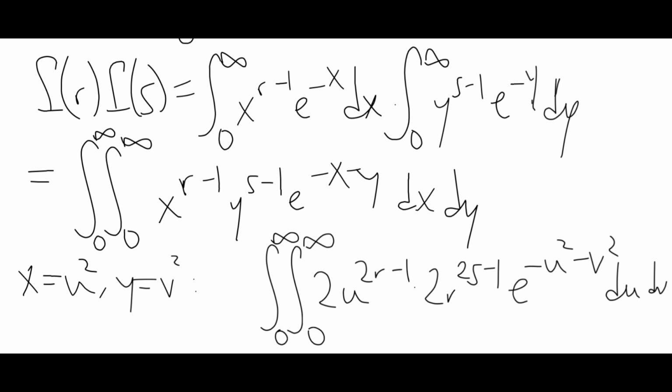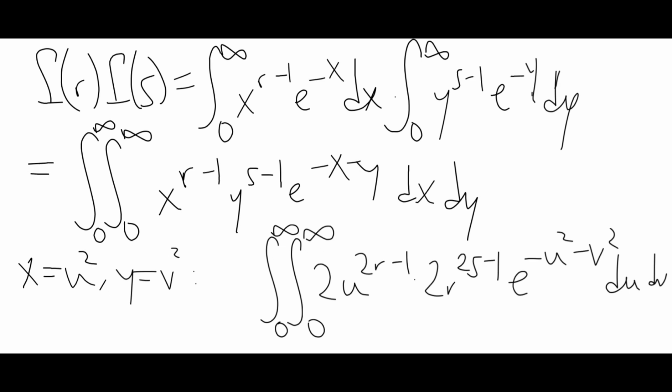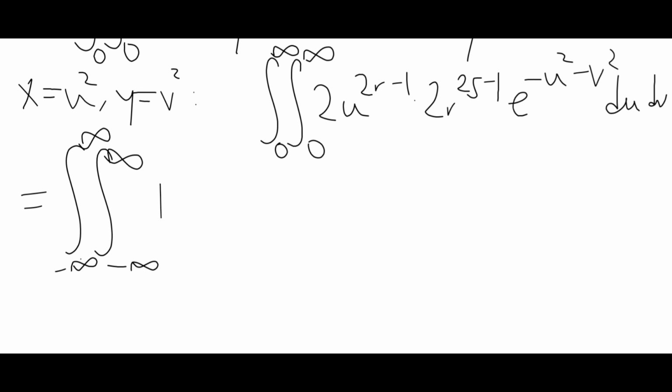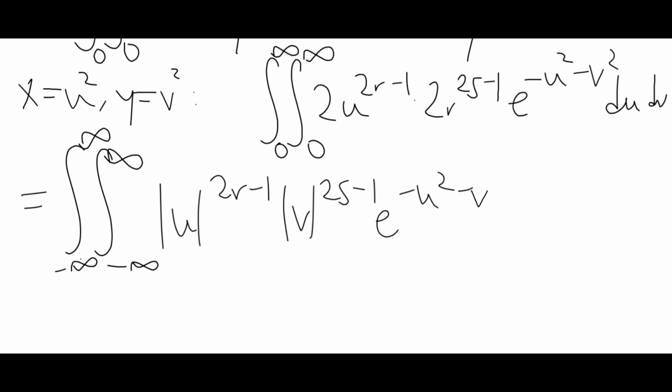Okay, and this factor of 4 allows us to change the region of integration from the first quadrant to the whole plane. So we can write this as the integral from negative infinity to infinity, negative infinity to infinity, of absolute value of u to the 2r minus 1, absolute value of v to the 2s minus 1, e to the minus u squared minus v squared.